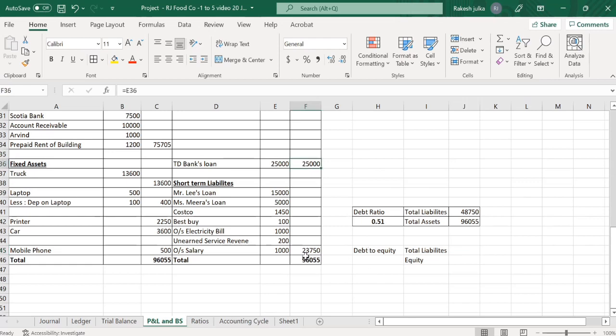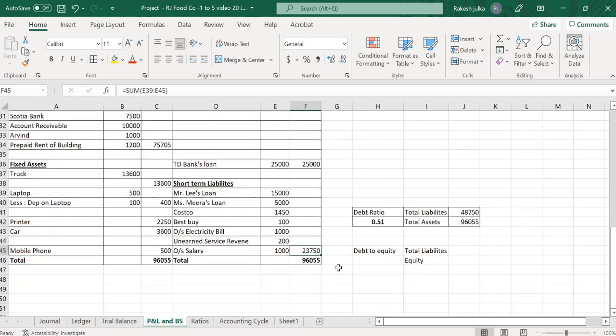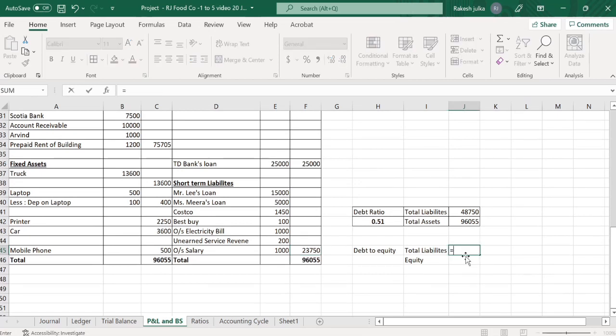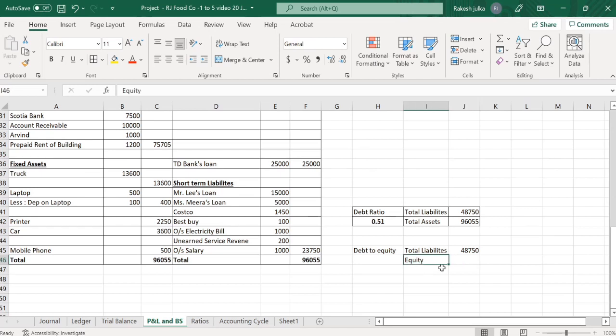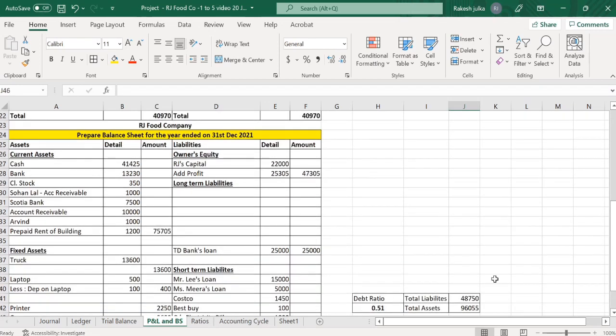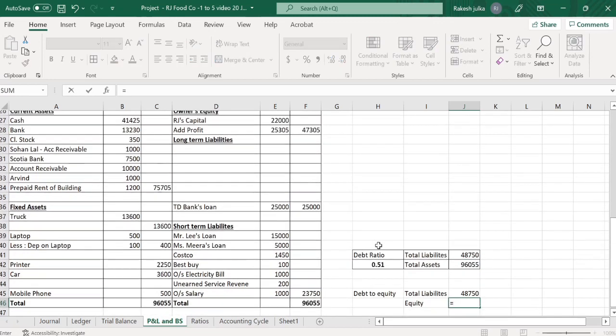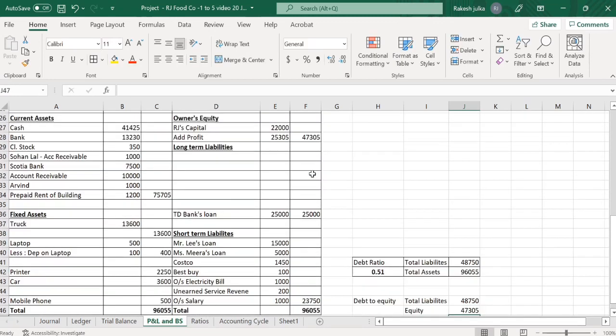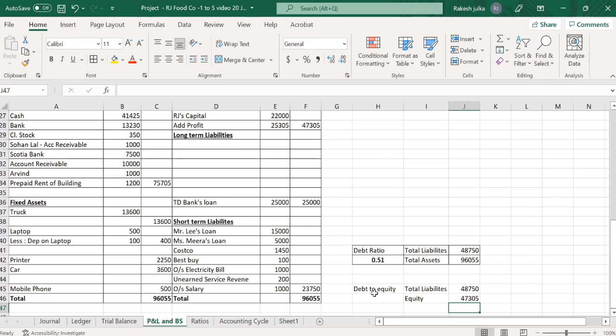We know this one and this one. So equal to sign, long-term liability plus short-term liability as we did in the previous ratio. Equity here is 47,305. So equal to sign 47,305 and enter.